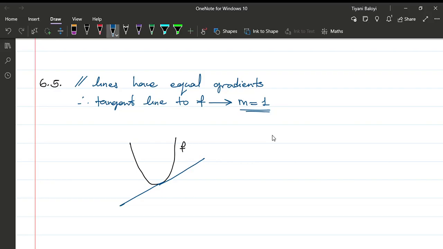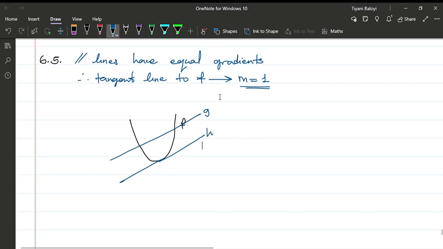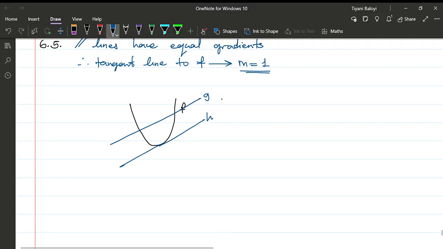Because they specify that it's parallel to g. So let's say this is our g, and this is our tangent. Let's just define it as h. It's much better to do that. So let's do this. How can we find the gradient of f?